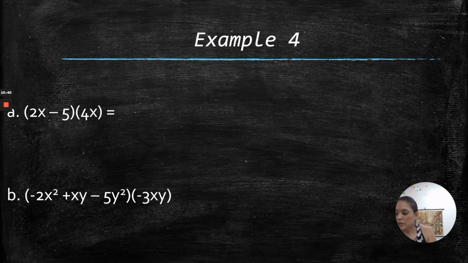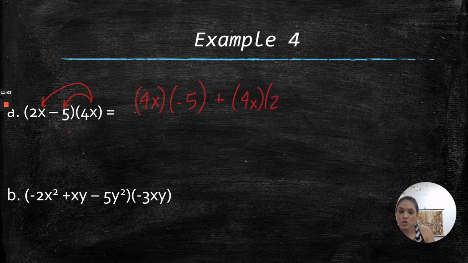All right, so example 4, we have 2x minus 5 times 4x. Now we're just going to take this backwards, okay? So this is going to be 4x times negative 5 plus 4x times 2x. 4 times negative 5 is negative 20.